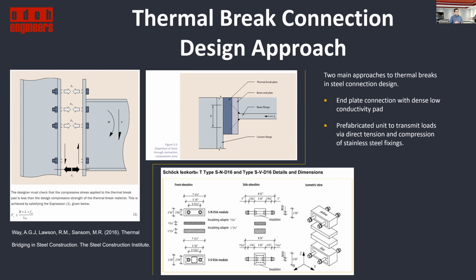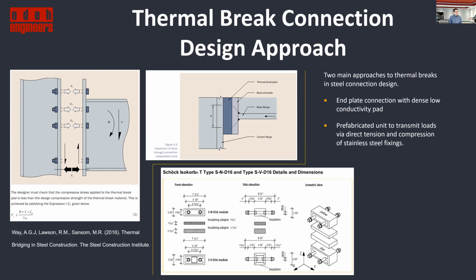Now, the details that I'm presenting here, whether that's a relieving angle or a canopy beam or whatnot, have mostly been on an end plate with the thermal break pad in the middle. The other example is the prefabricated unit, which Jim showed in his very large thermal break detail.